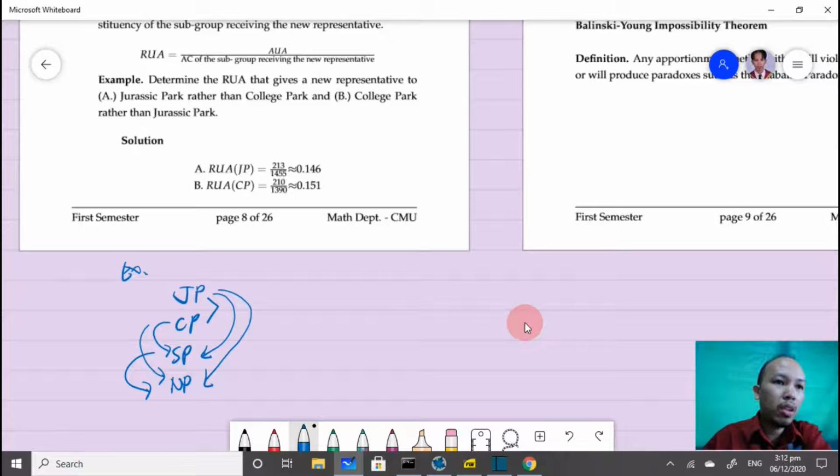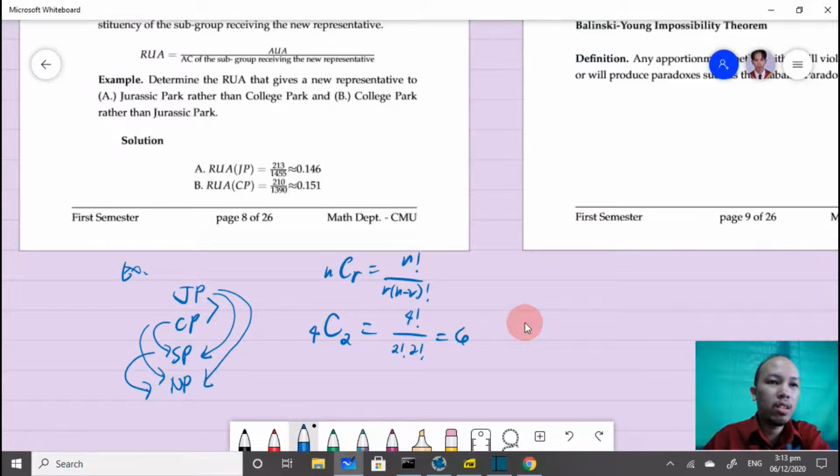So how many computations do we get? I think there are 4 taken 2 computations, which is familiar in your statistics. The formula is C of n, r, which is n factorial divided by r factorial times n minus r factorial. So this is 4 factorial divided by 2 factorial times 2 factorial, which is 6 ways or 6 computations.